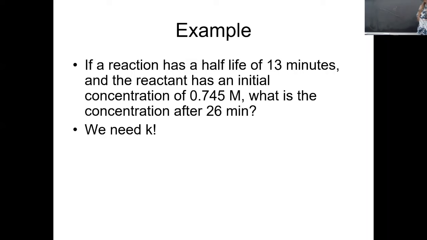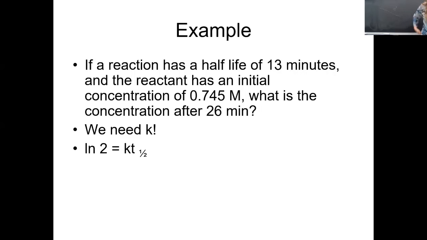So the traditional way we would do this, like I said, we need to have K to know what to plug into our rate law equation. If they're telling us there's a half-life, then it's probably a first order reaction. So I'm going to use my first order reaction where A at time 0 is 0.745. The amount of time is 26 minutes, but I need to solve for K. So first I'm going to plug into my equation with the half-life to figure out what K is.